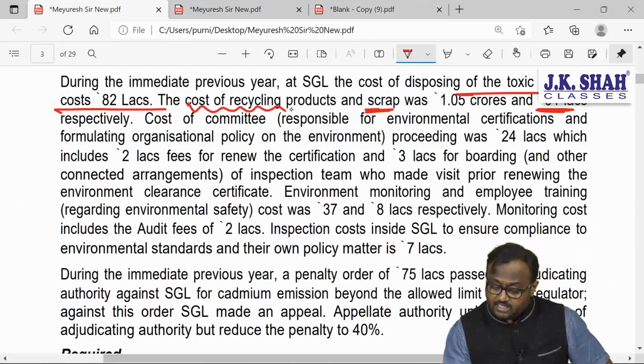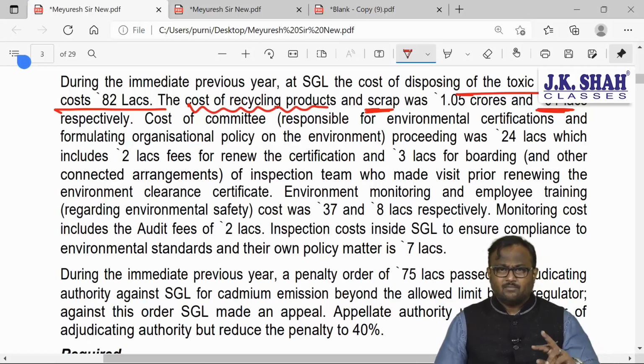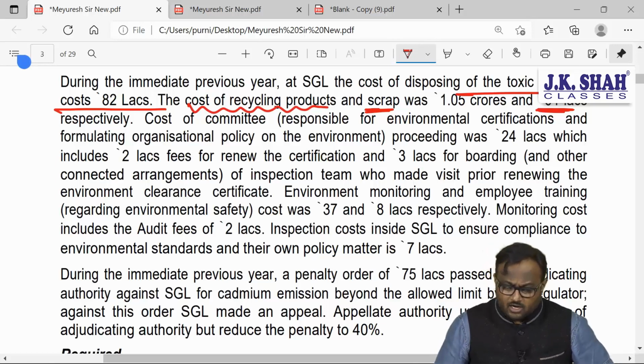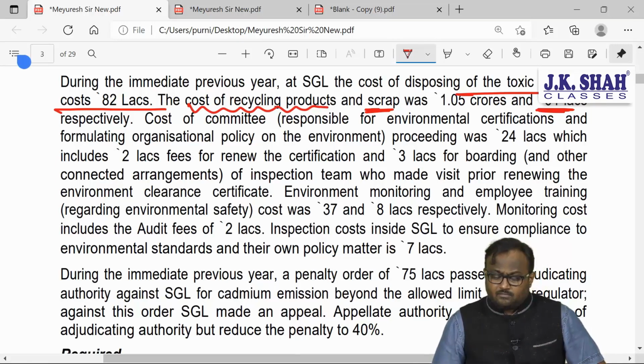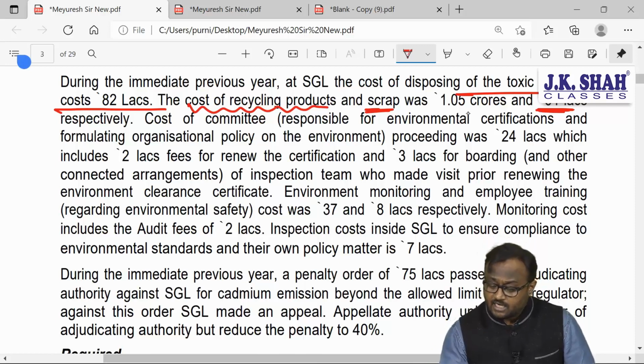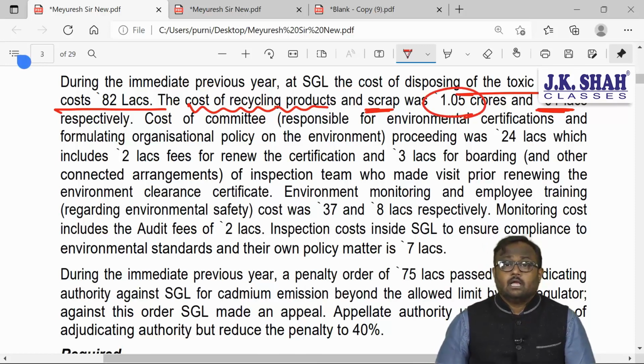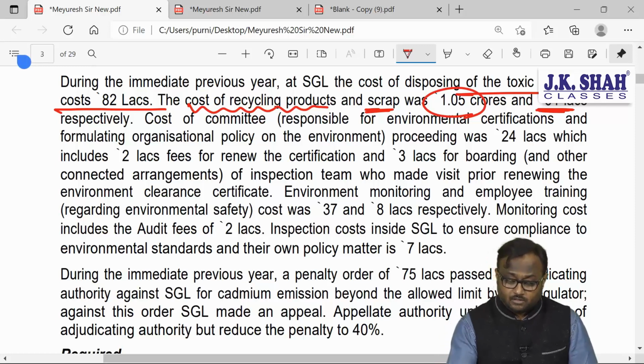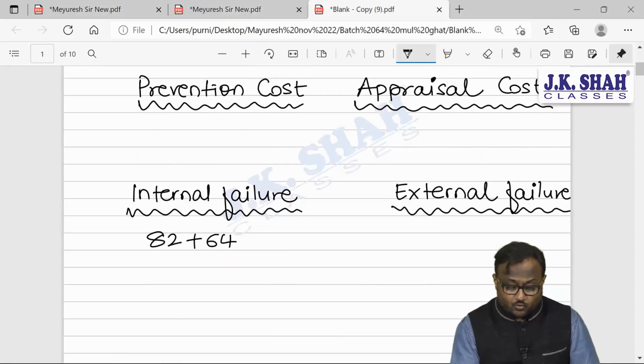Cost of recycling products. I'm using recycling treatment for products now. Now, if I'm using recycling technique on products, it is not a wastage that is being generated. It is basically done to prevent any emission, prevent the situation from any emission.